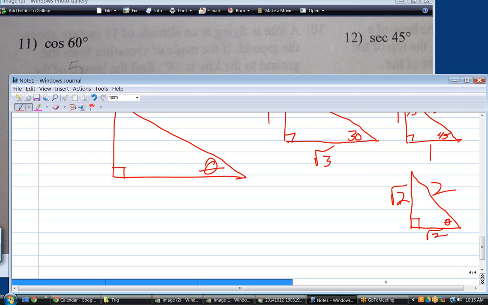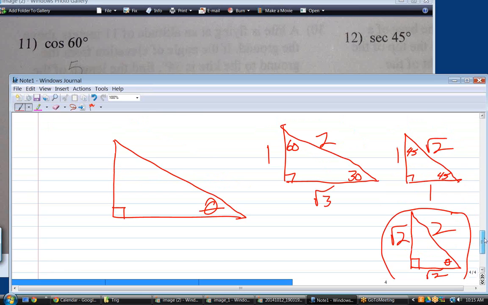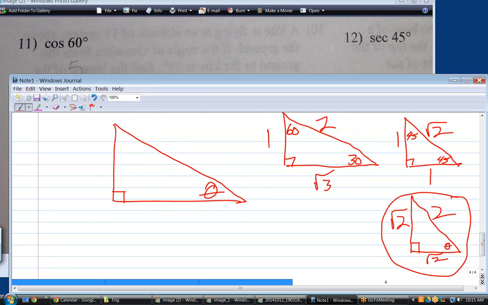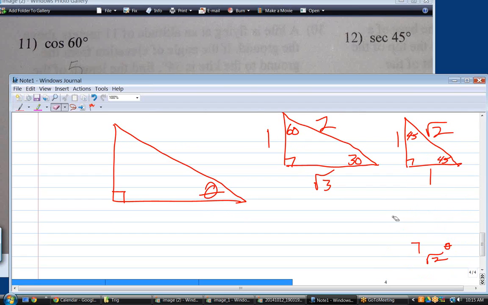So this doesn't really make any more sense than this one. It works a little bit better with sines and cosines, but worse with reciprocal functions. I remember this one only because I call these my unit triangles, much like the unit circle. The radius is always 1.